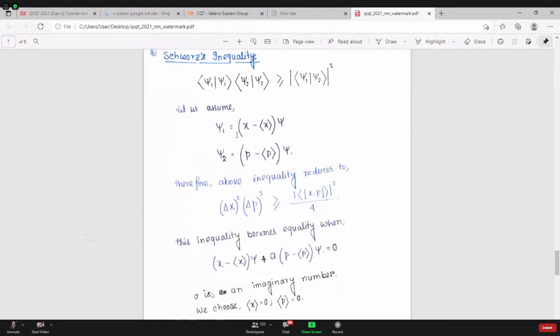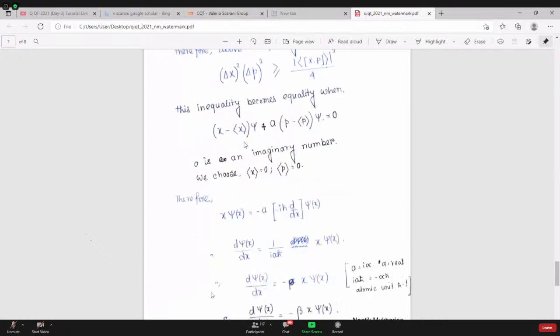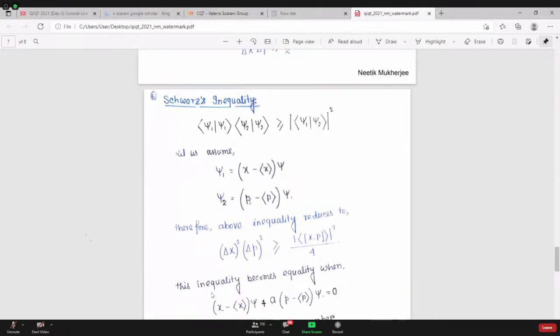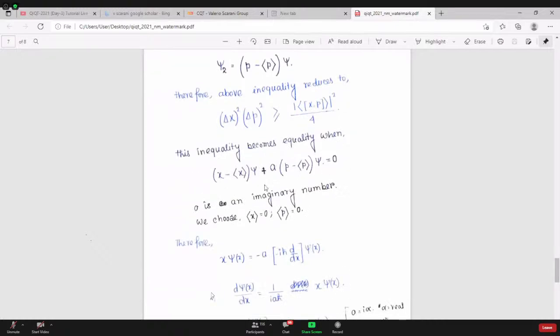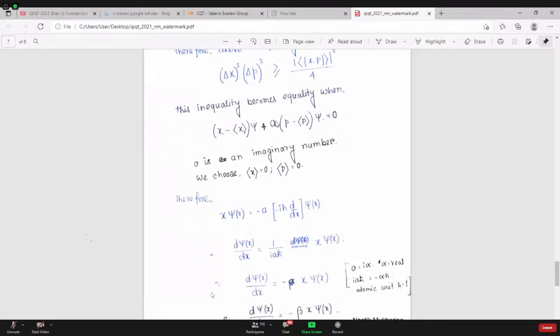That means just multiplying a number with psi 2, we will get psi 1, or vice versa. That means multiplying a number with psi 1, we will get psi 2. So in that case, if we have the psi 1 of this form and psi 2 of this form, then we can write this equation. And taking this condition, this inequality becomes equality.